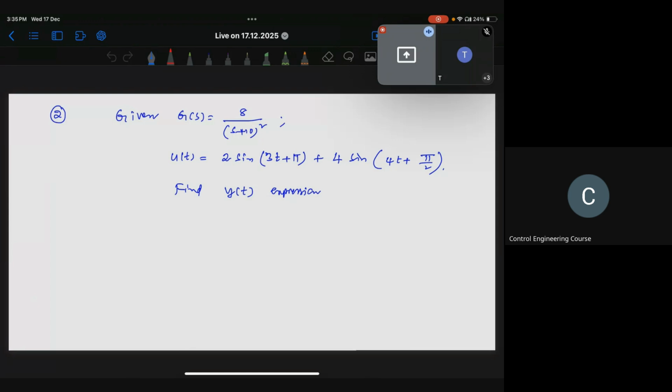Laplace transforms individually you can find, and substitute in G of S. So Y of T is going to be the Laplace inverse of G of S U of S, which is nothing but Z of T convolved with U of T. Either you can do it in the convolution way or you can directly find it by using the inverse Laplace transform. Any queries on these problems?